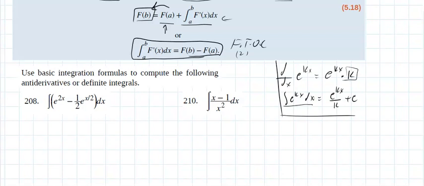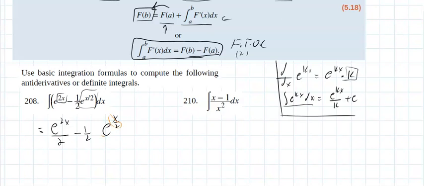If I'm integrating this, you could say that is e to the 2x over 2. When you take a derivative, you multiply by 2, so when you take an antiderivative, you divide by 2. Minus, for the integral of e to the x over 2: the derivative of e to the x over 2 is e to the x over 2 times, by the chain rule, 1/2.